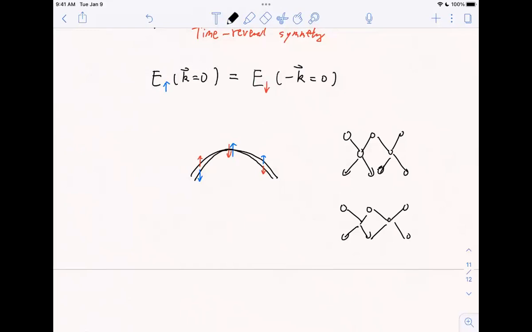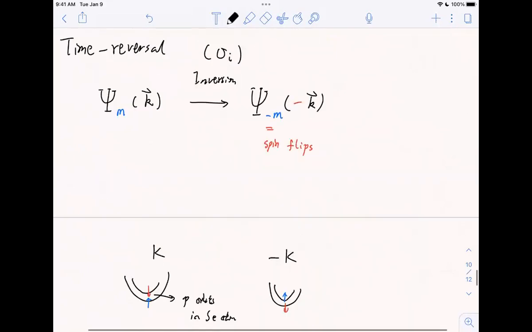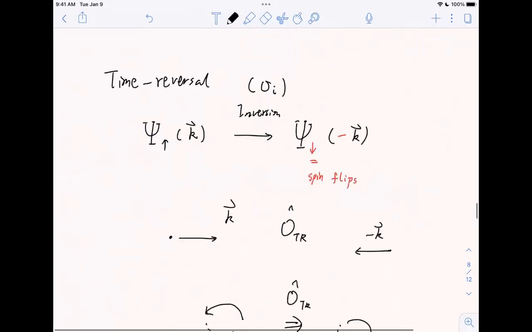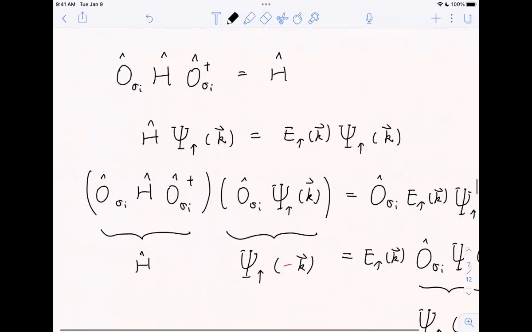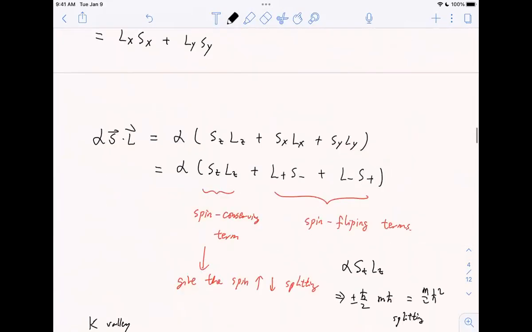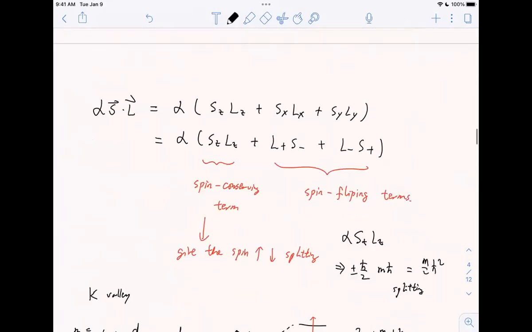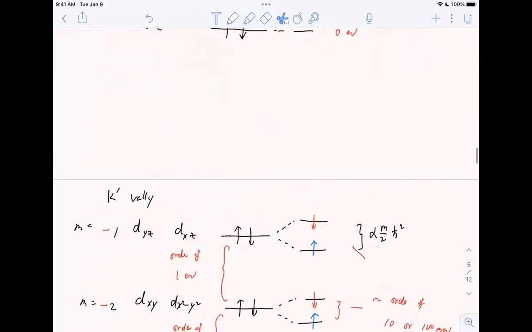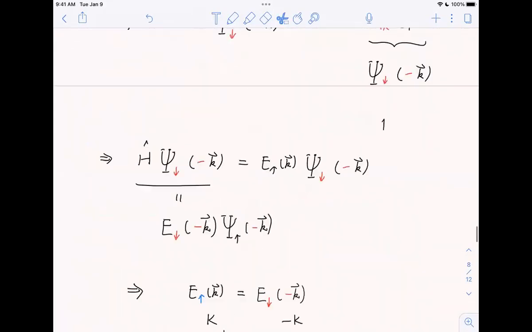Okay, so now let's consider the other term of the spin-orbit coupling. Okay, this is the spin-orbit coupling term, so let's consider the other two.